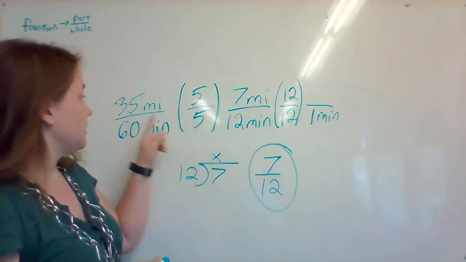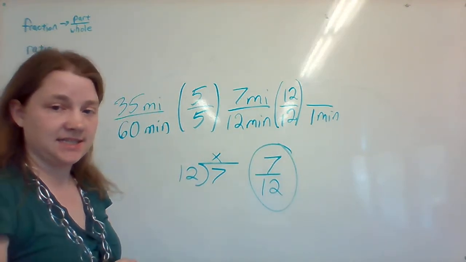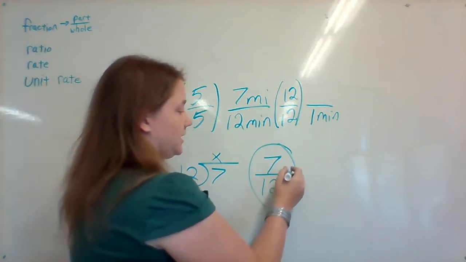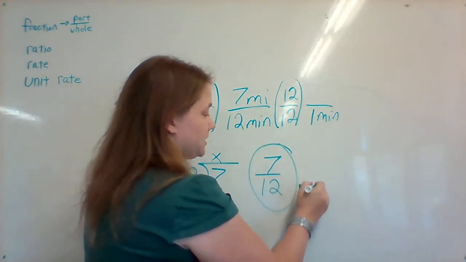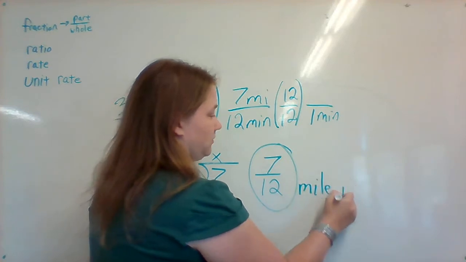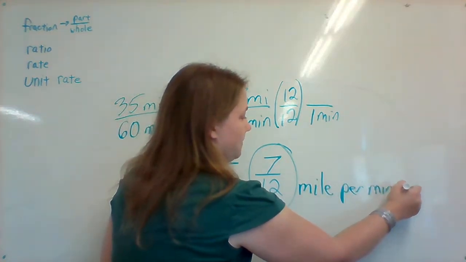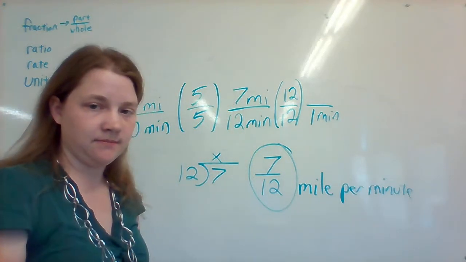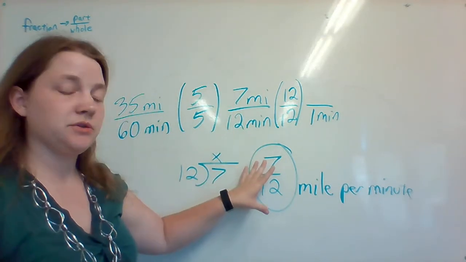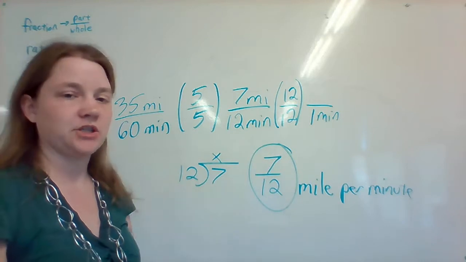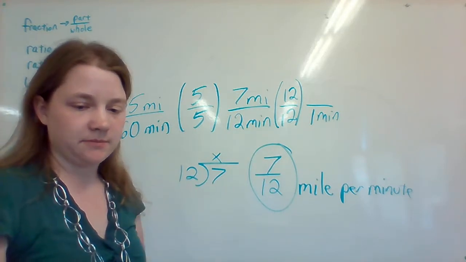So if a car is going 35 miles in 60 minutes, it's going 7/12 of a mile in 1 minute. So if a number doesn't reduce any more than this, you keep the fraction, and that's what it becomes.